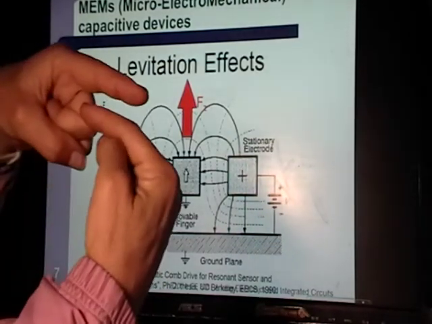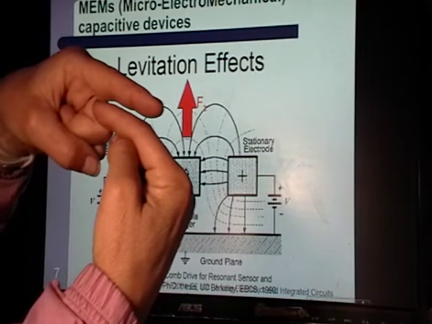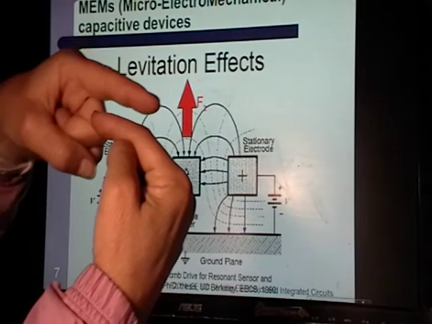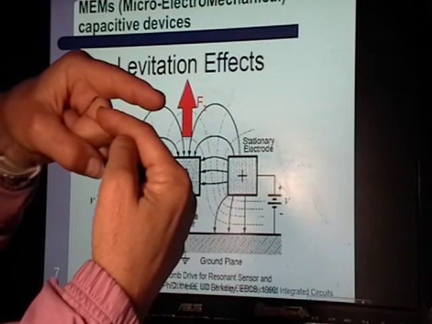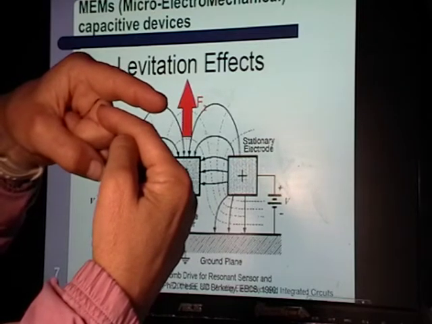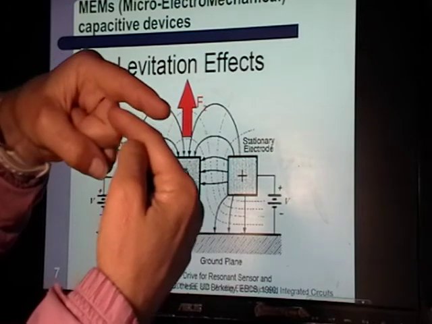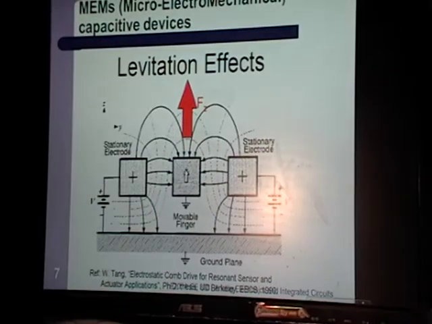If I have something like this, there's a lot of overlap, but as soon as I go to the side, there's less overlap, and that area decreases. So in the same way as that last MEMS device made current go on and off of that plate because of distance change, this is doing it. The distance isn't changing, but the area is changing. So that's another device there.